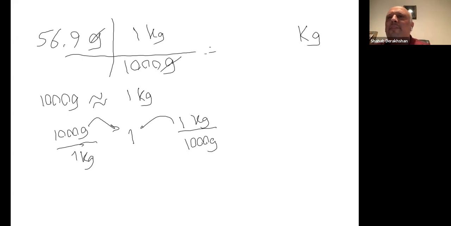And when I do my math, I get the answer being 0.0569 kilograms. Okay. So this is the whole idea about unit conversion. Now I'll give you some more examples to work on those type of works that we are doing.